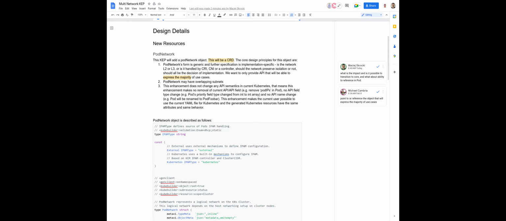At that time, this CRD file is directly introduced into a real running Kubernetes cluster, so that everyone can test, not perfectly of course, but enough to see whether these APIs are feasible or not. This is just the first phase of prototyping.